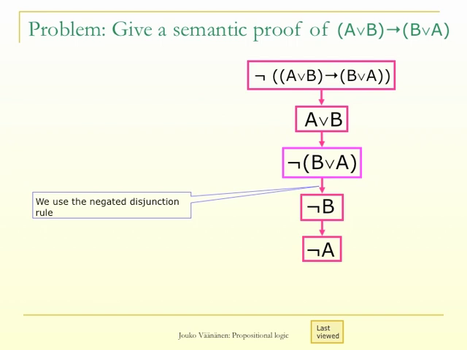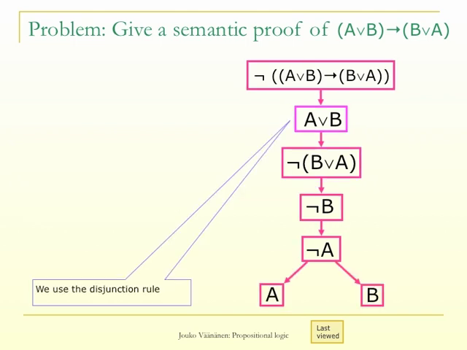Next, we apply the disjunction rule. Disjunction is false means that both disjuncts are false. So we can write under the negated disjunction the negation of the first disjunct, that is negation B, and then the negation of the second disjunct, that is negation A. Finally, we use the disjunction rule.